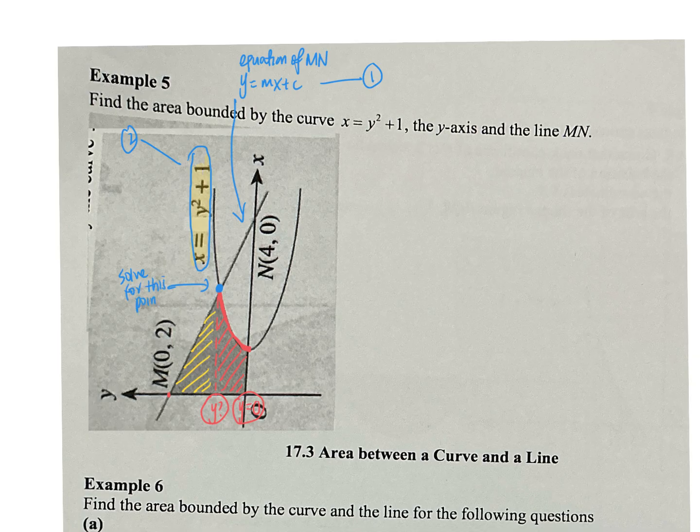So the moment you solve for this point already, then solving shouldn't be a problem. So I do a very quick one. Gradient of MN is (0 minus 2) over (4 minus 0), so it's minus half. Okay, I choose one point, y minus 2 equals minus half times (x minus 0). So this is my equation. This is equation MN.